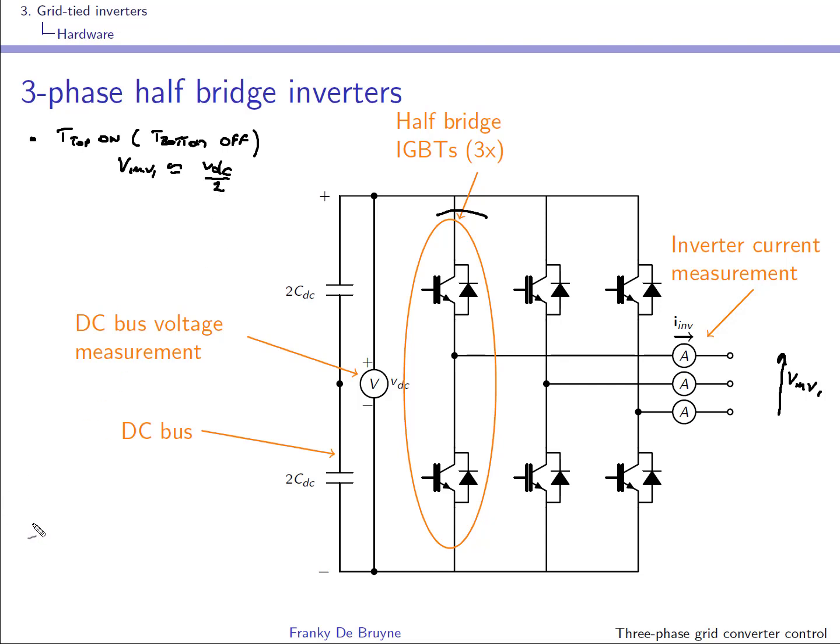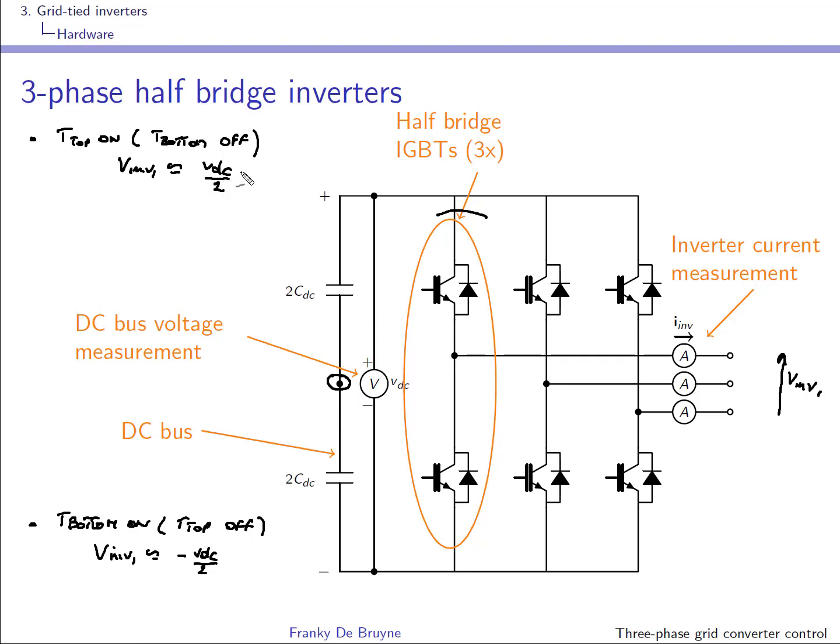You have something similar here. If T bottom is on, which of course means that T top is off, then Vinf1, the voltage at the output of the first leg, will be approximately minus VDC over 2. Remember that everything is referred to the middle of this DC bus.